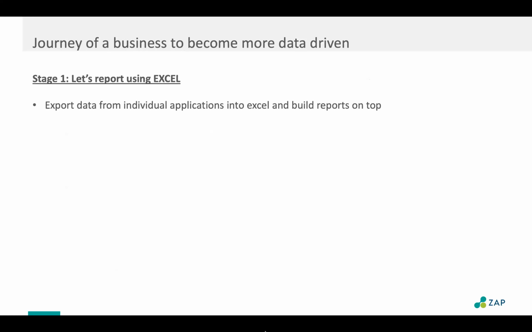Essentially, you export your data from your individual applications into Excel and build reports on top of that. Simple extract, export, CSV, Excel, build your normal reports, with macros and so on. And there you have it. You have your full-blown monthly report, management report, and so on.